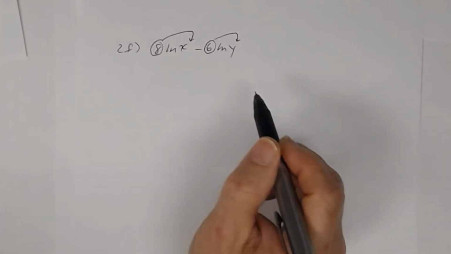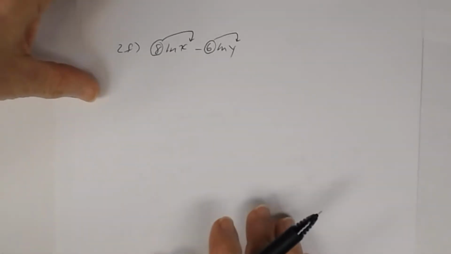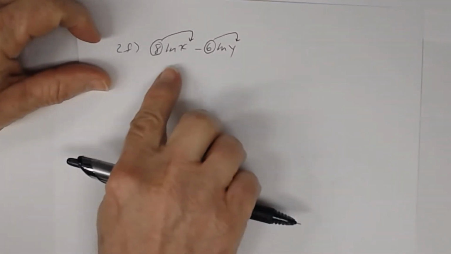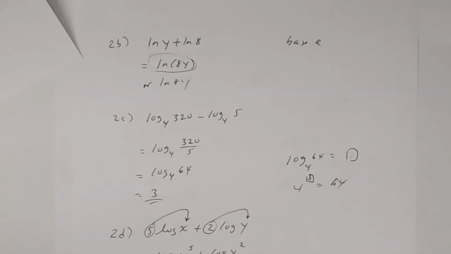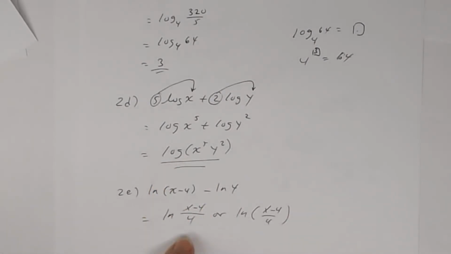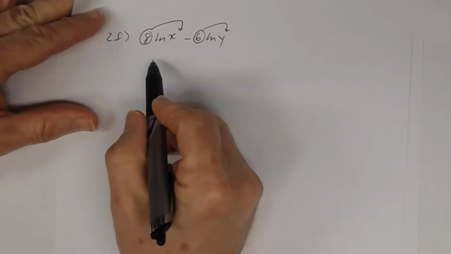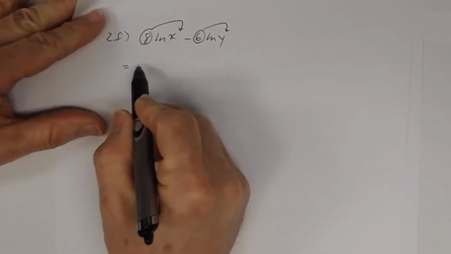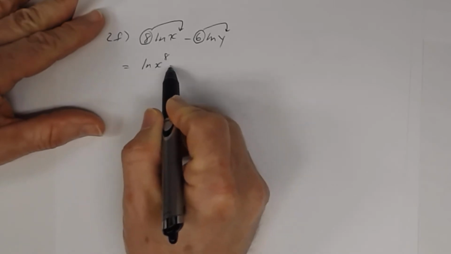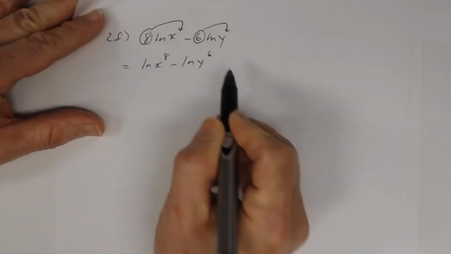So remember, you need to condense. You're trying to take the difference of these two terms and write it as one term, just like you did for these right here. So you want to write this as one logarithm. First of all, we're going to write this as the natural log of x to the eighth minus the natural log of y to the sixth.